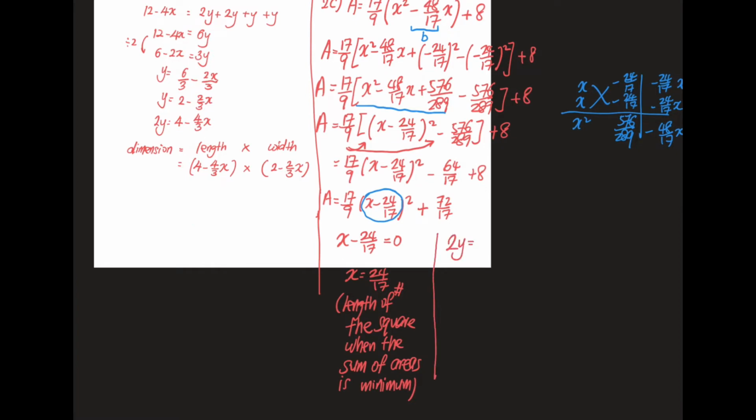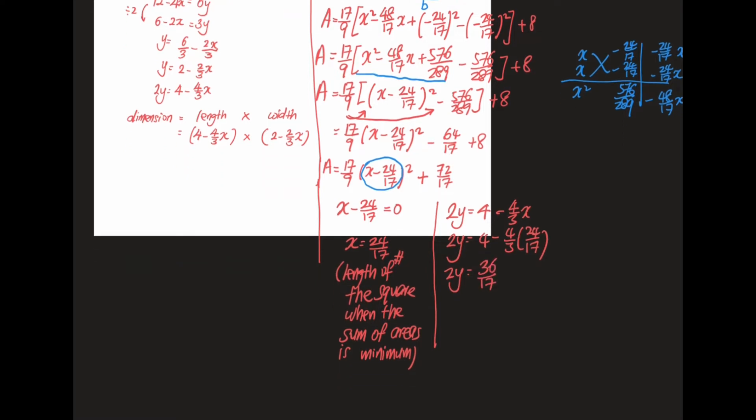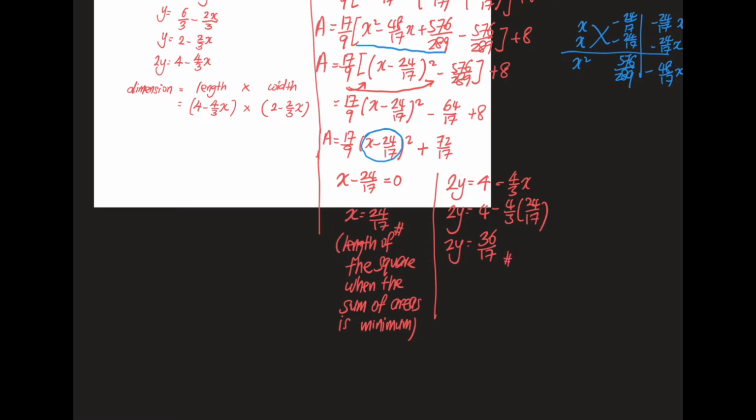2y equal to 4 minus 4 over 3x. So the x value is 24 over 17. Then we get 4 minus 4 over 3 times 24 over 17, which gives 36 over 17. So this is the answer also.